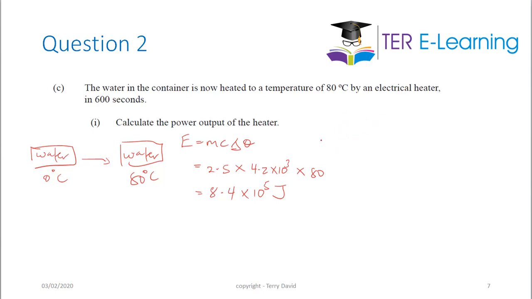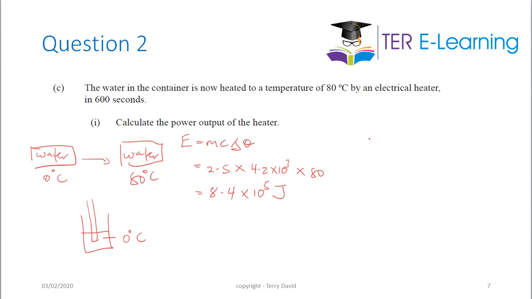Now we haven't worked out the question as yet, because the question is asking for the power output of the heater. Now we have a container that has water at 0 degrees C, and you have an electric heater here that is supplying heat to the water.